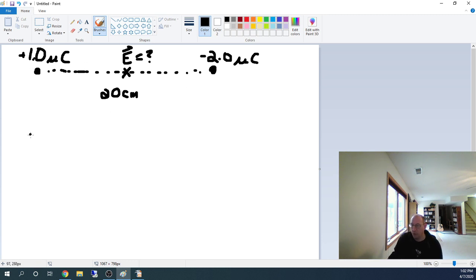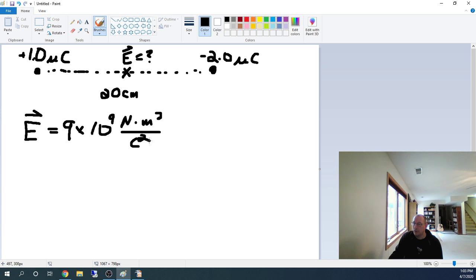So the electric field due to the first charge, the one on the left, is KQ over R squared. K, remember, is 9 times 10 to the 9th, and the units are newton meters squared per square coulomb.